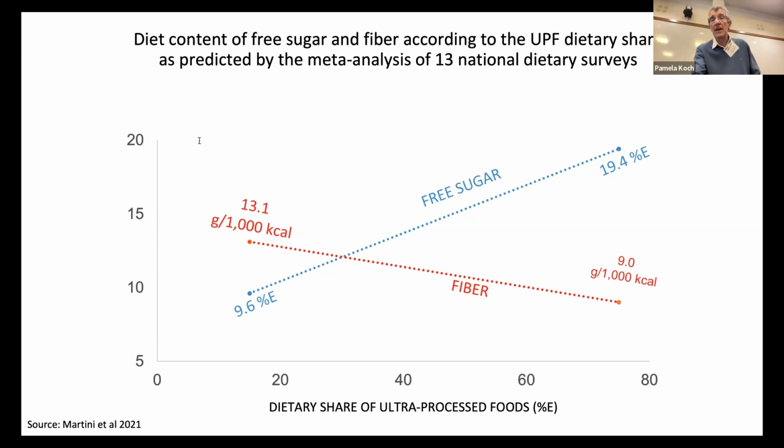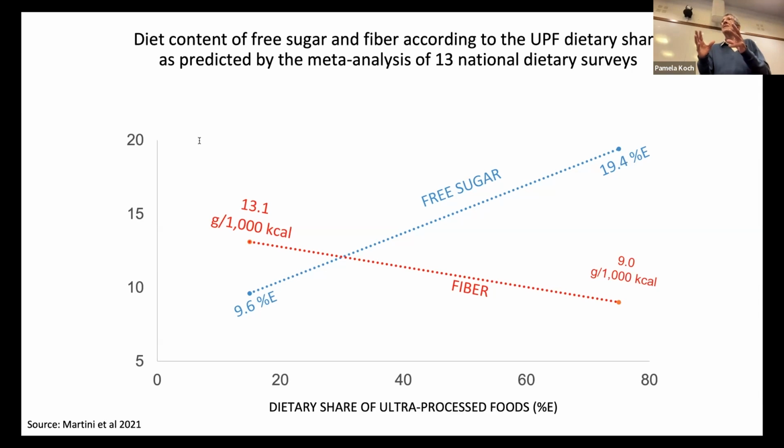If I go to 75%, almost 20%. So we really are dealing with a big difference, right? So in other words, that's the situation of the US. This is the meta-analysis. If in the US I take the 20% lowest consumers of ultra-processed foods, they don't eat excessive sugar. They don't have excess.